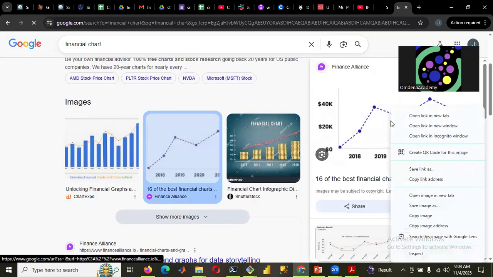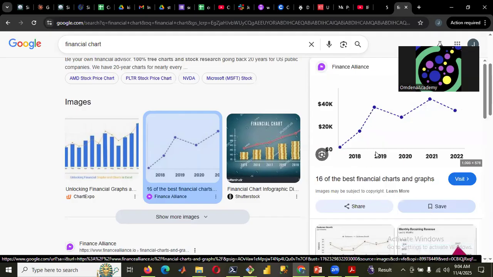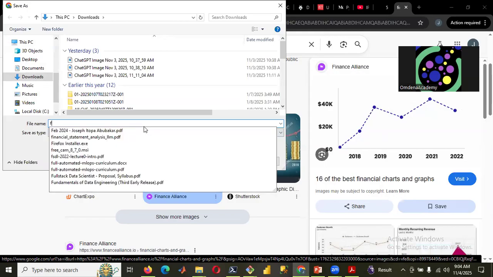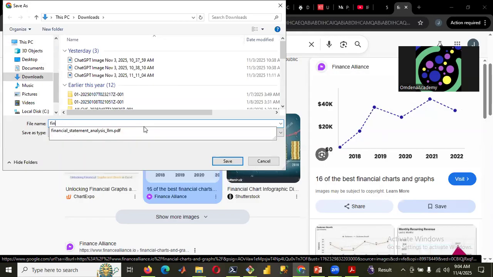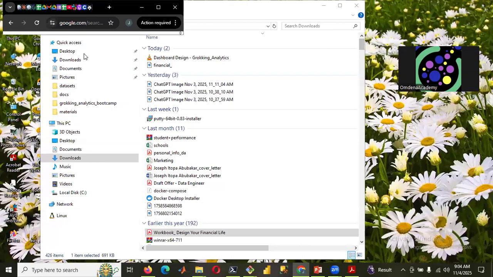Okay. Let me see if I can download the image. I can actually copy it, but let me see. Save image. Yeah, as a page. So we'll save it.